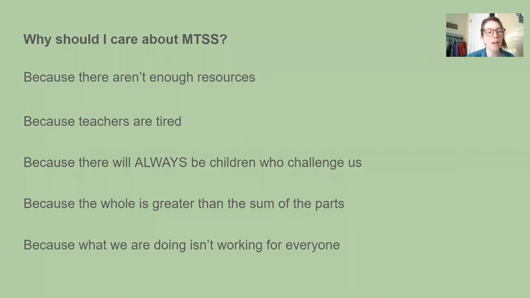One of the reasons why, in a way, it is so hard to get children out of a tiered system of support, like a tier 2 or tier 3 intervention or a Title I program, is that teachers are tired, right?